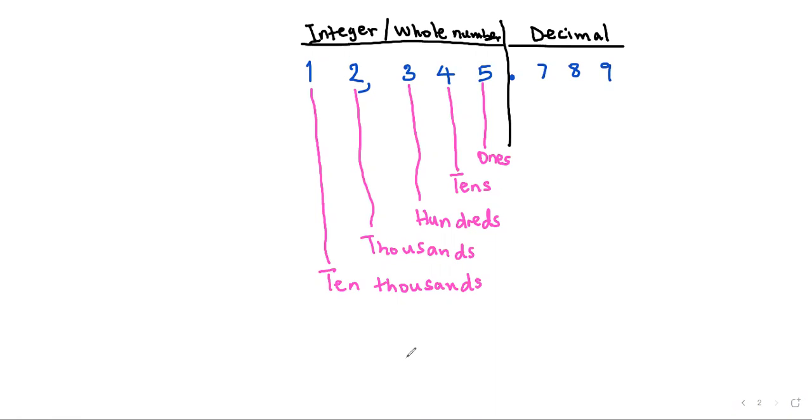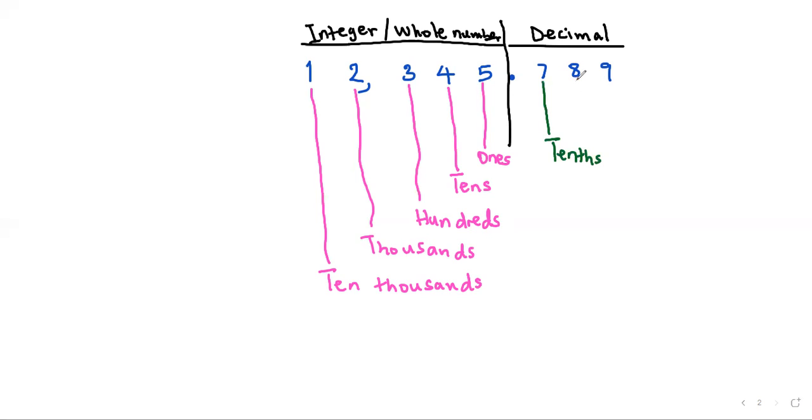Now, when we go this side, we will have decimal numbers. The place value of 7 is tenths. You see that? Is it okay?